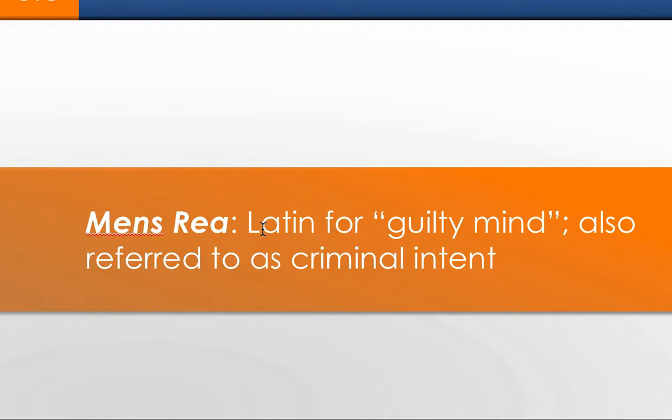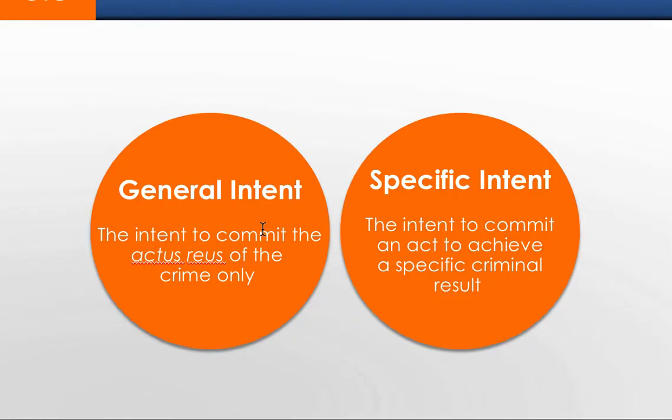So actus reus being guilty act, mens rea meaning guilty mind, the criminal intent, the mindfulness behind the act, the intent, or they should have known intent, right? When you see mens rea, you're thinking mens, mind, brain.